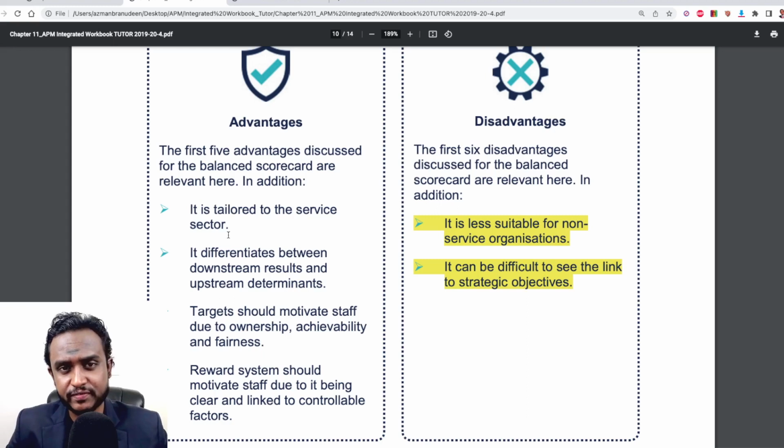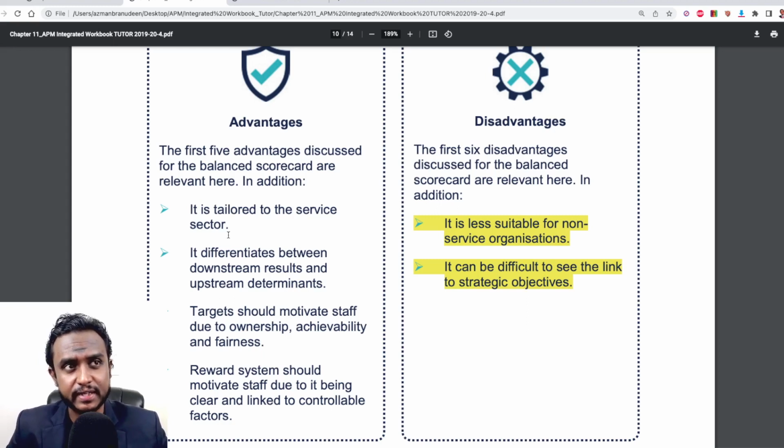It differentiates between results and determinants, that is, the output critical success factors and the input critical success factors. The targets generally motivate the staff because of the ownership, achievability, and fairness criteria that the model promotes. The reward system should motivate staff due to being clear and linked to controllable factors.